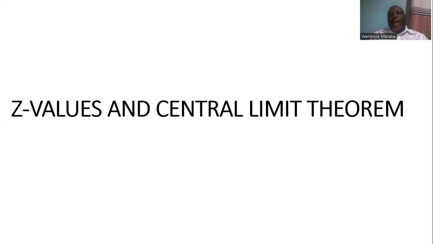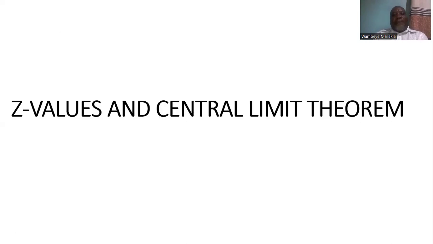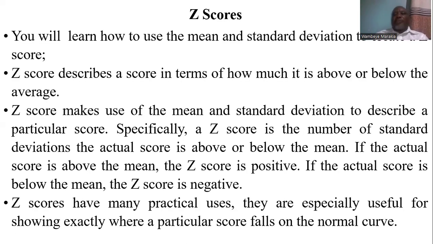Let us begin on how we get the Z values from raw data. First of all, I'll begin by looking at what Z values are and how we get them.